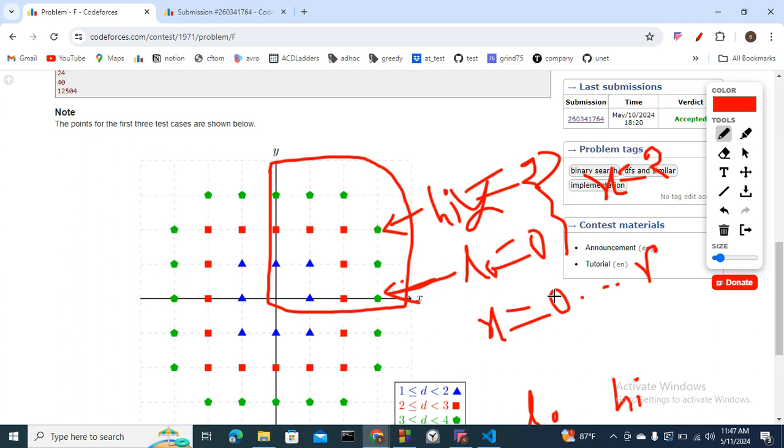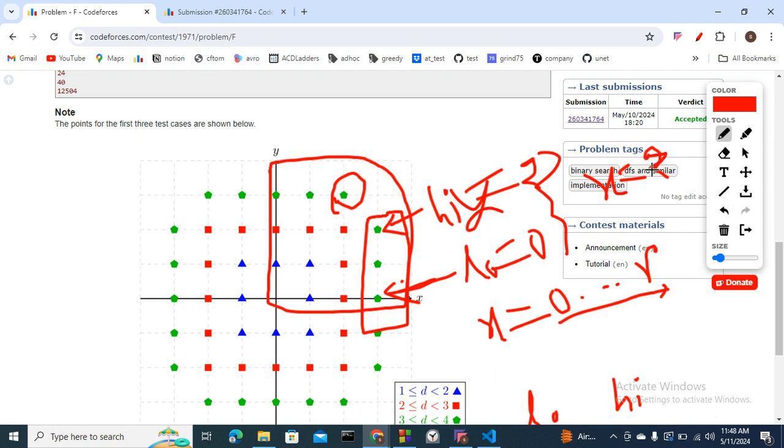Now if we iterate from 0 to r, then for each case we will find a range of values, a range of points. For this case we have got these 3 points. For x equals 1 we have got this point. For x equals 2 we have got these points.